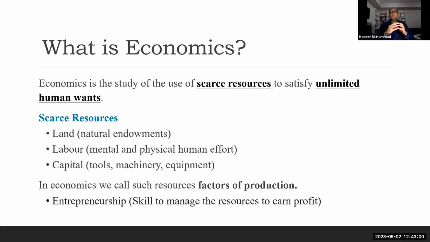So how do we manage these scarce resources in order to fulfill the maximum wants or desires or needs of the people? As an individual, when we have to make decisions, we see our resources, and then we have to make choices in order to fulfill our needs or demands. Otherwise, if we had unlimited resources and no limit on our resources, then there would be no need to make a choice.